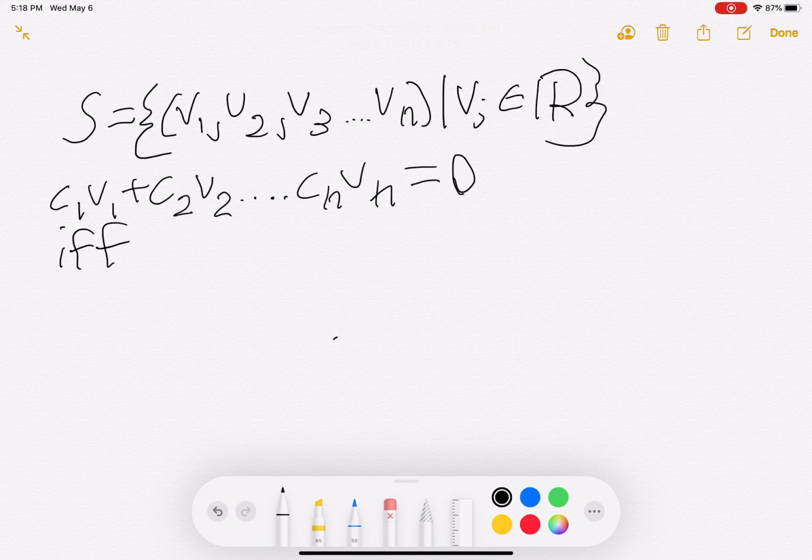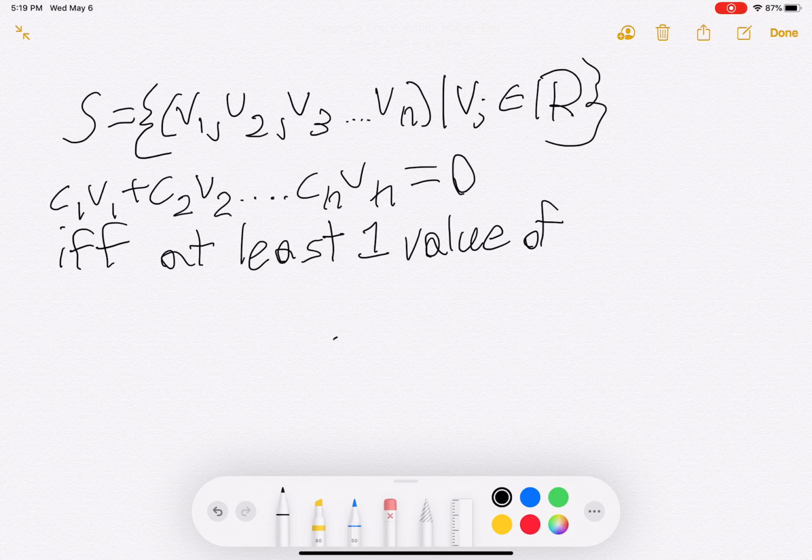If and only if at least one value of ci is greater than 0.